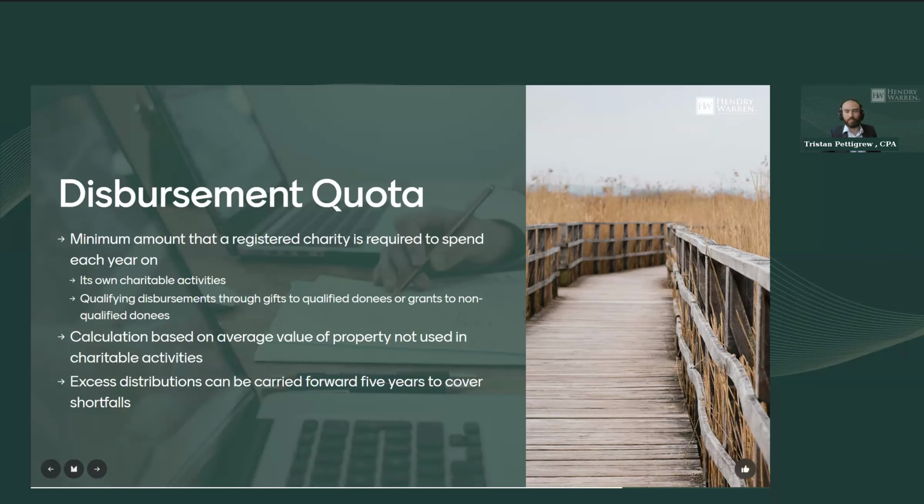So, for example, if in 2023 you had an excess of $100,000, and in 2024 you have a shortfall of $25,000, the excess from 2023 can be used to cover the shortfall from 2024, and then that remaining $75,000 can now be carried forward 4 more years.